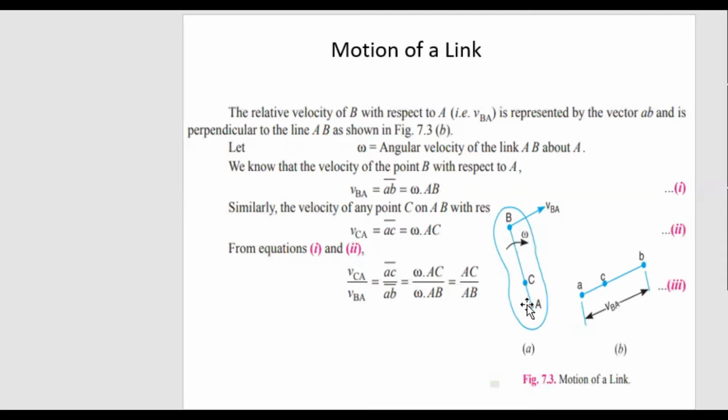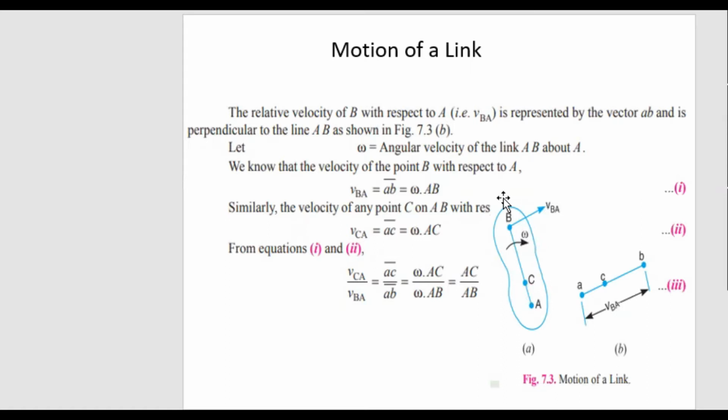We know velocity is equal to R omega, where R is the radius. If this is rotating about this point, this is the R and this is the omega. So omega into r will give you the velocity. So VBA is equal to omega into AB.